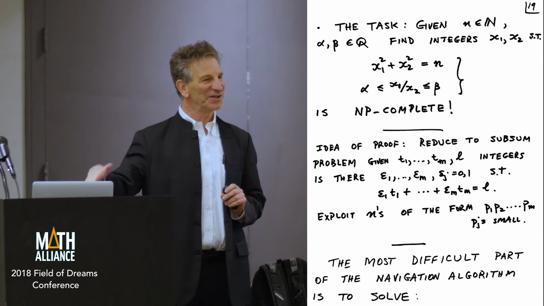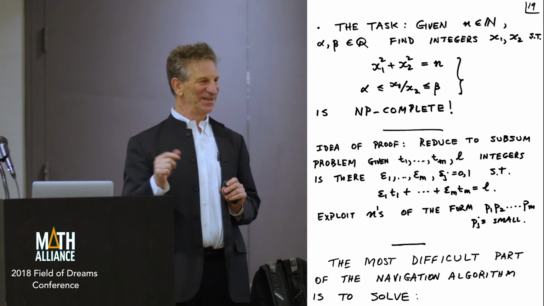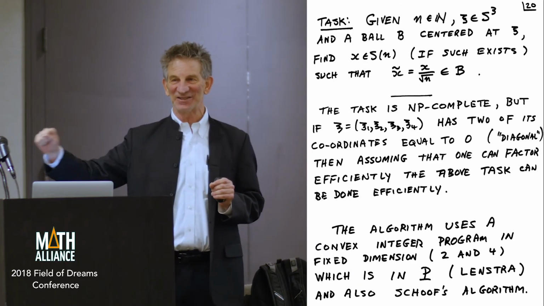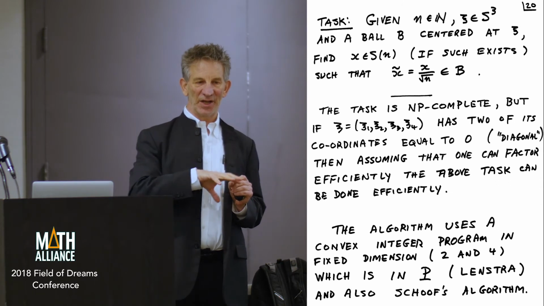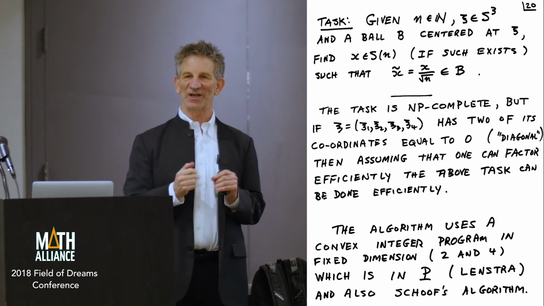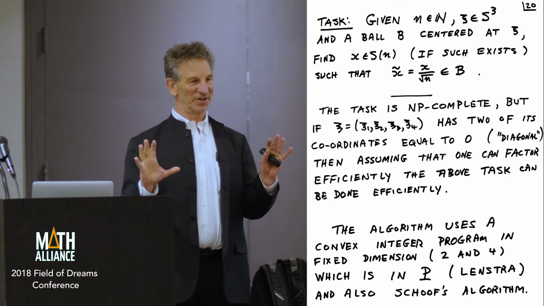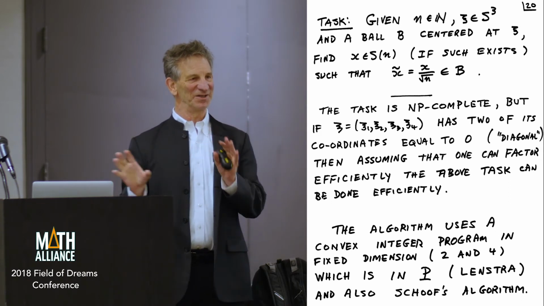Funnily enough, in building this gate, in order to show that they can navigate with these golden gates, they need at some point to assume that you can factor quickly. This is not a disaster. This is a red herring.